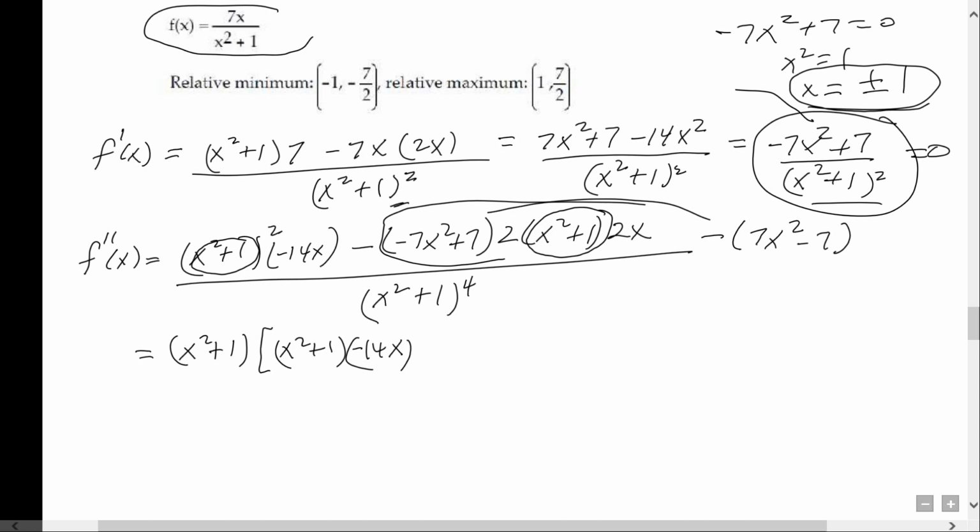And so this becomes a plus, so we can get a plus this 2 times the 2x, which gives you 4x. Notice we've already taken an x squared plus 1 out, and so we're just left with 7x squared minus 7.